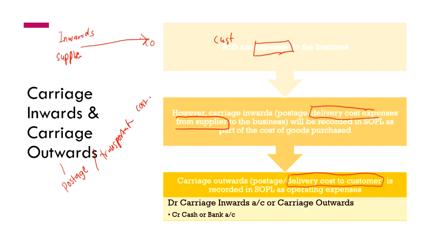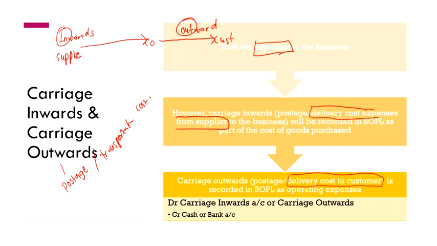So sebab itulah carriage inwards. Kalau carriage outward, keluar. Maksudnya you transportkan goods tu kepada customer, out. So it's carriage outwards. Okay, kena bezakan betul-betul ni sebab dia punya classification berbeza.